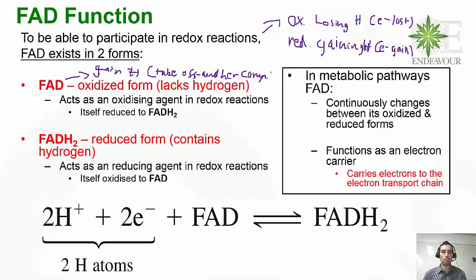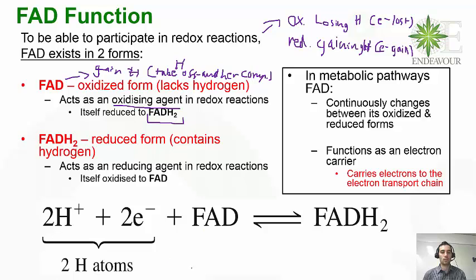So this will be a component within our metabolic reaction that is going to give hydrogen to the FAD. That's why we say that the FAD is an oxidizing agent, because it's actually going to oxidize another component by taking its hydrogens. And through this reaction, we change FAD into FADH2.